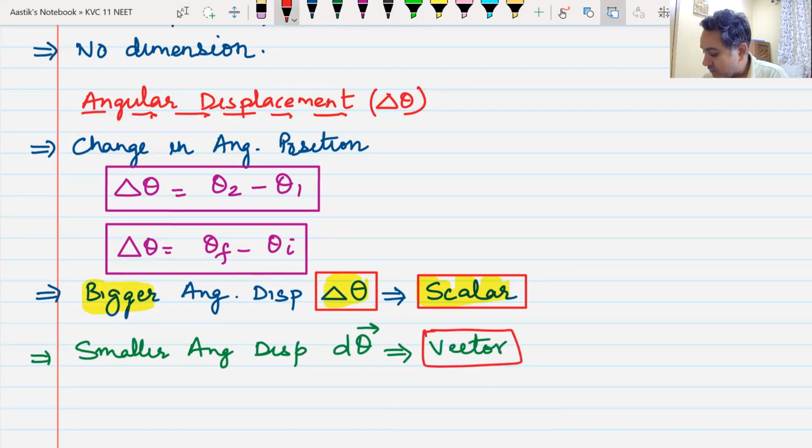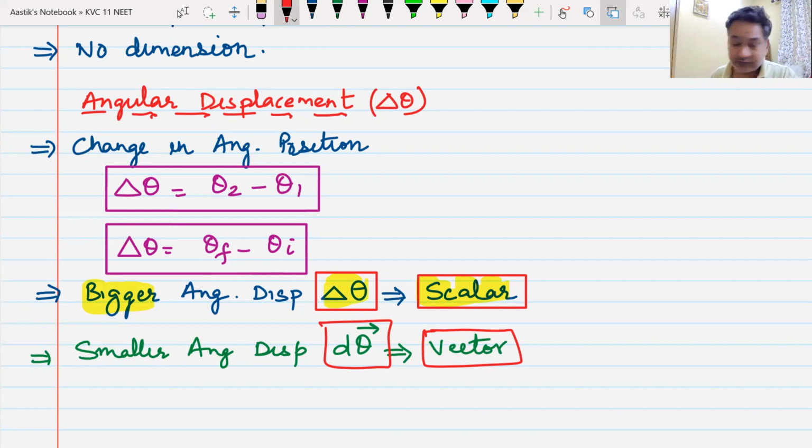This small angular displacement is a vector quantity. Do you understand this? Yes or no? Small angular displacement is a vector. Big angular displacement is a scalar.